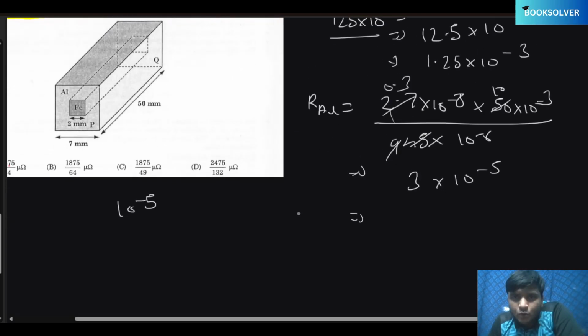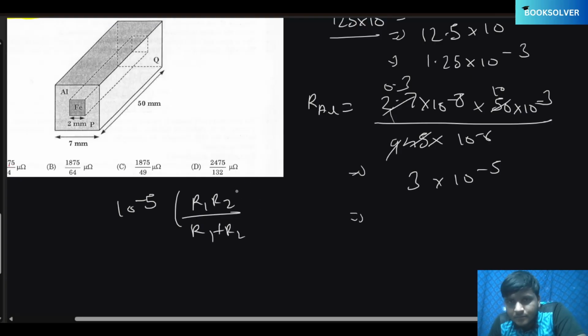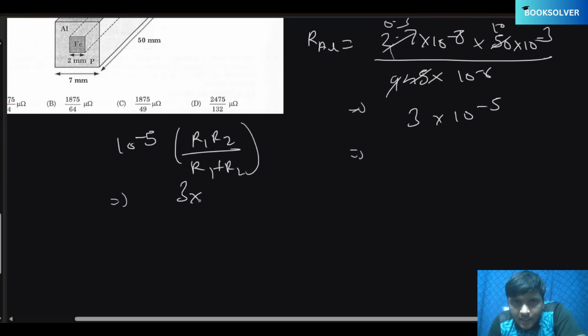We know that if two resistances are in parallel, we can write the equivalent as R1 R2 by R1 plus R2. So if we do this, we will get 3 into 125 by 128.